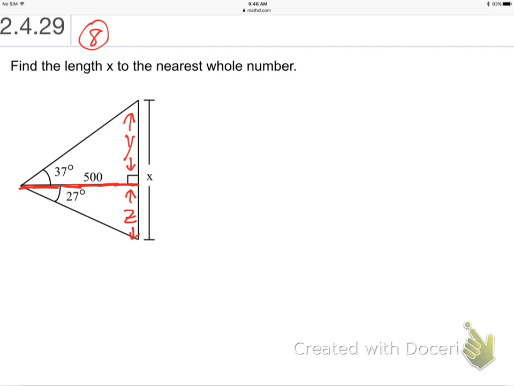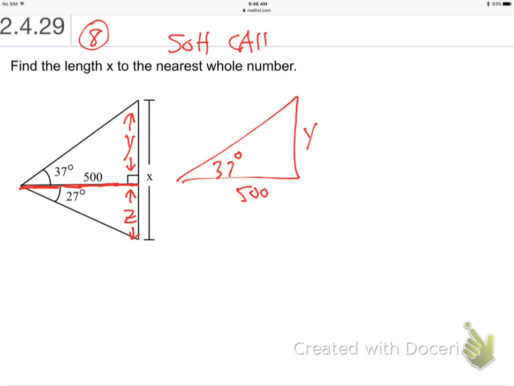How would you find just y? Just look at that top triangle only. 37 degrees, 500 here. Find y. What trig relationship involves 37 degrees, the y, and the 500? Sine, cosine, or tangent? Tangent. Remember SOHCAHTOA?